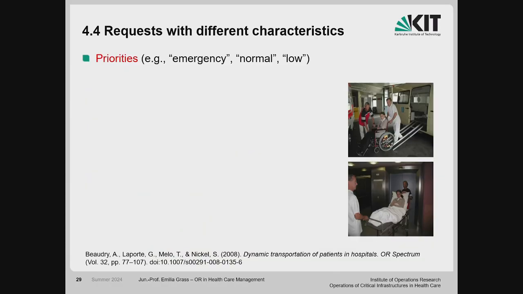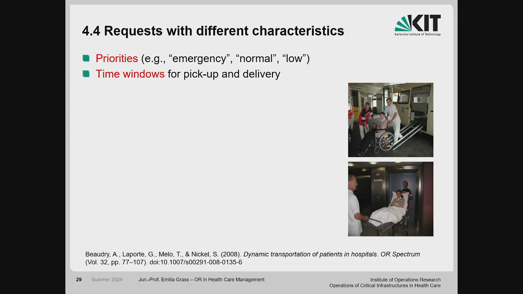And then we had these requests that have different characteristics. So we have priorities: whether the request is an emergency patient or a low-priority patient that should be picked up sometime during the day and then brought to a medical ward in the afternoon, for instance. But we could also have time windows for pickup and delivery.